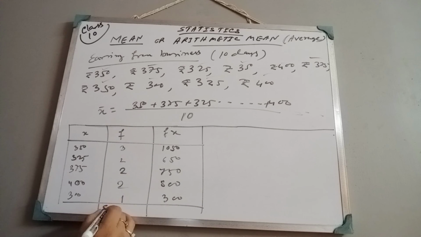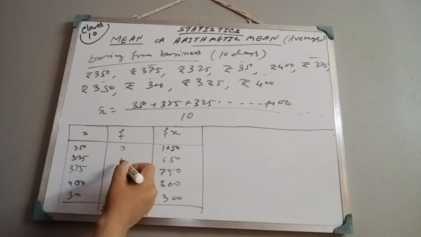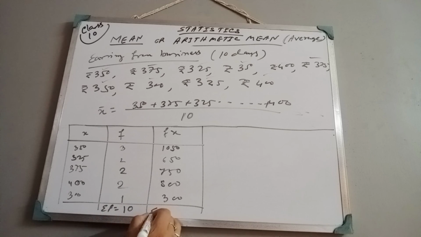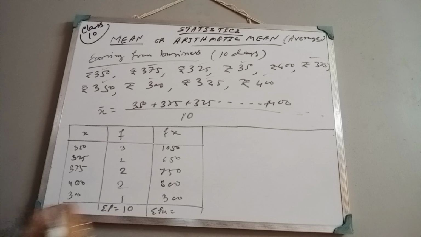We will add sigma f. Sigma f equals what? 3 plus 2 is 5, 5 plus 2 is 7, 7 plus 2 is 9, 9 plus 1 is 10. And sigma fx, now adding all this, we get 3550.